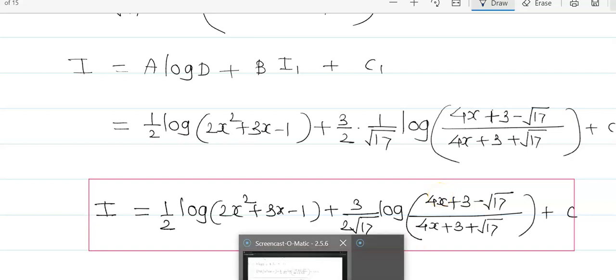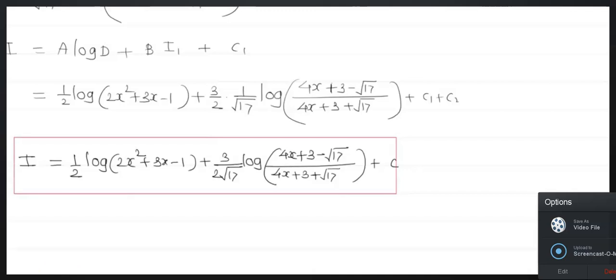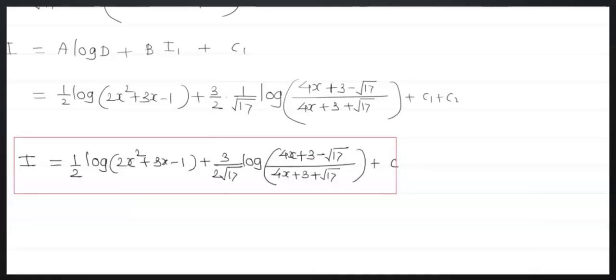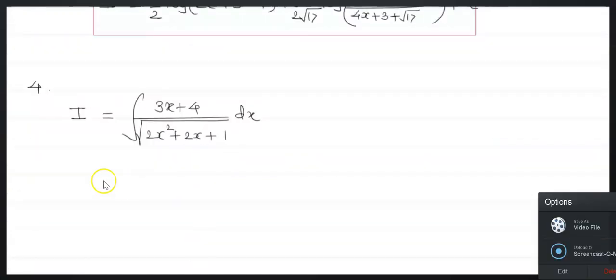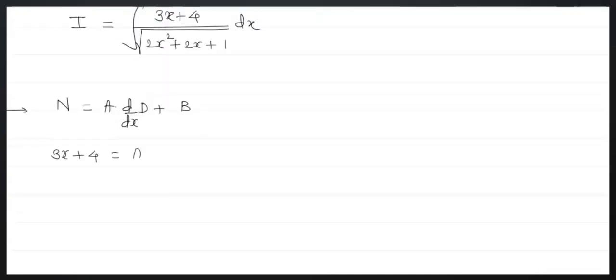Now see the next problem. This is problem number 4. That is I is equals to integral 3x plus 4 upon root of 2x square plus 2x plus 1 dx. Again, numerator is equals to a into ddx of the denominator plus b. 3x plus 4.